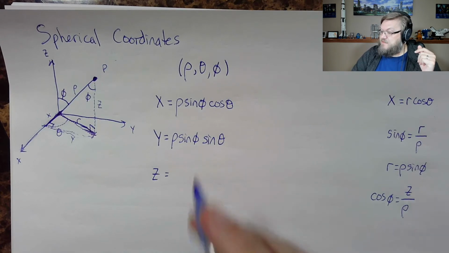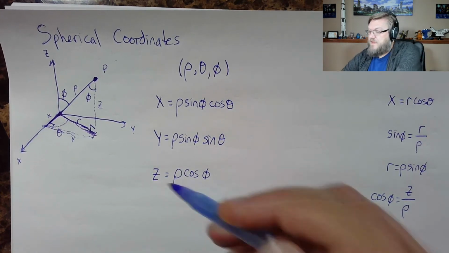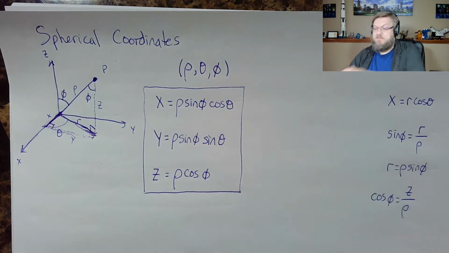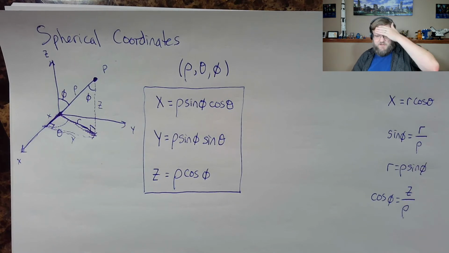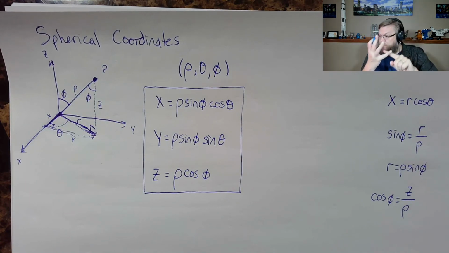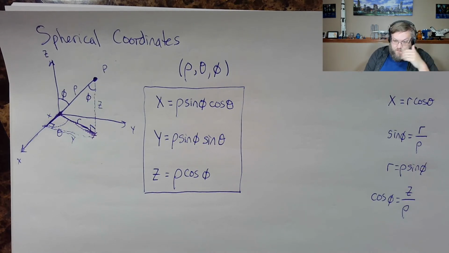So I get that Z is simply rho cosine phi. All right, they're not as pretty as cylindrical, but there we have it. We have our conversions. You give me a spherical coordinate, I can plug in the rho, the phi, the theta, and I'll get you the XYZ.